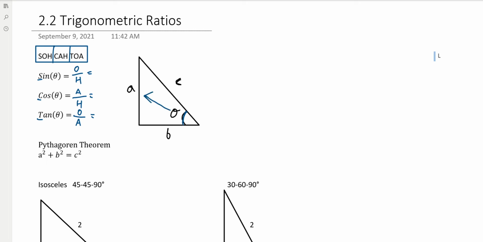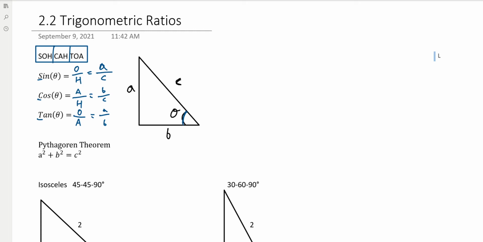That's A. Okay, so let's put A here, and then hypotenuse is C. And then we have the adjacent side is B. So that's B here, and the hypotenuse is C. So now we have some idea. If those were numbers, we could put them in for sure.